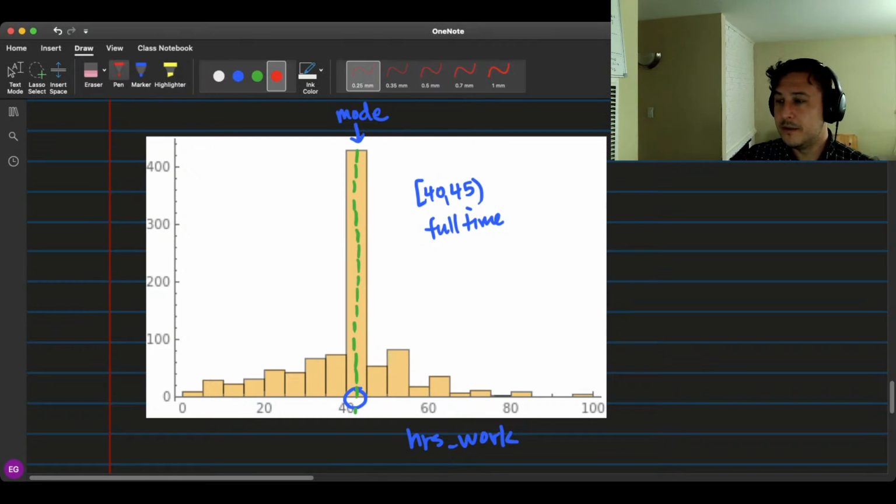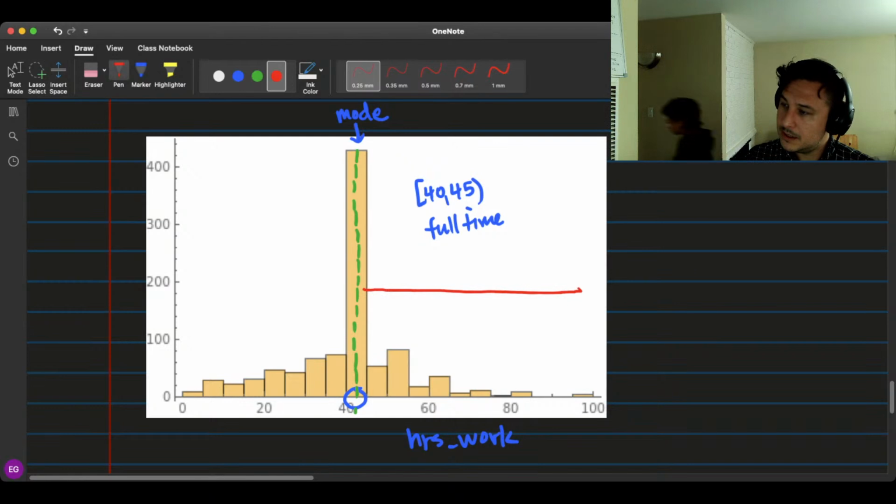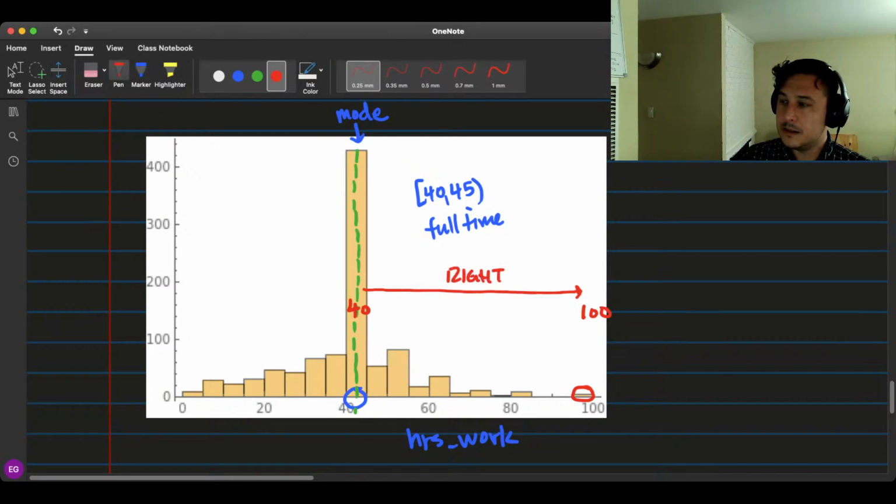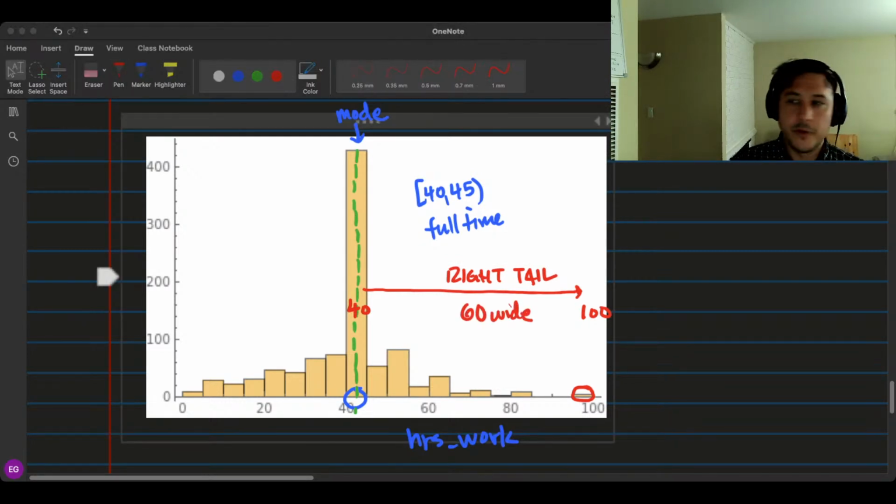And let's measure the right tail. So the furthest out a bin seems to go is to about 100, right? So in other words, this right tail is about 60 wide. Does it make sense it's 60 wide because it goes from 40 to 100?